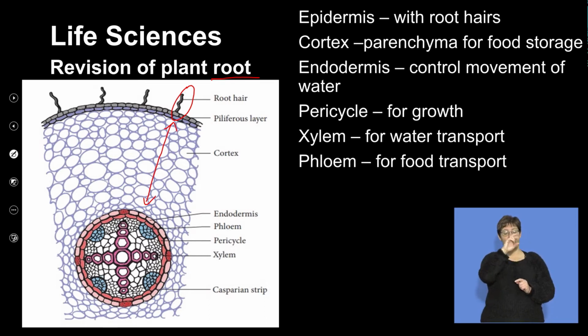Then we have these two layers, the endodermis, which we've looked at how it controls substances moving into the vascular cylinder, and then the pericycle. Then, in the center, we have the xylem in the form of a star, and then the patches of phloem.